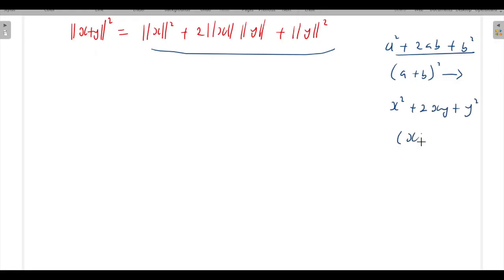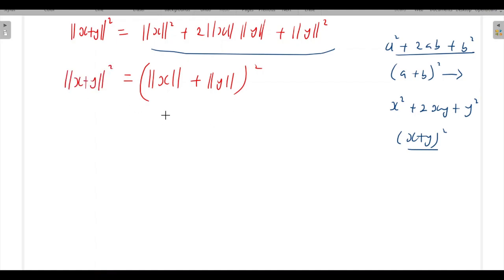You realize that it is the expansion of this that gives you this. So the same thing goes here. Let's assume this is our a squared, this is our b squared, this is our 2ab. Then it simply means that this is also the same thing as the expansion of this, right? So when you have this, it means the left-hand side is equal to the right-hand side.